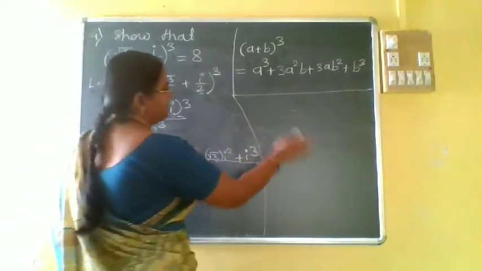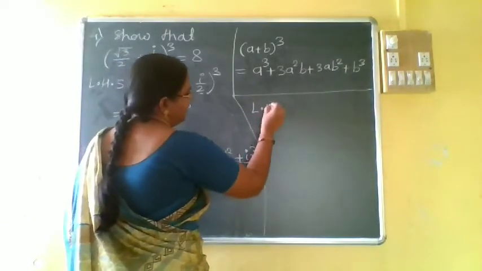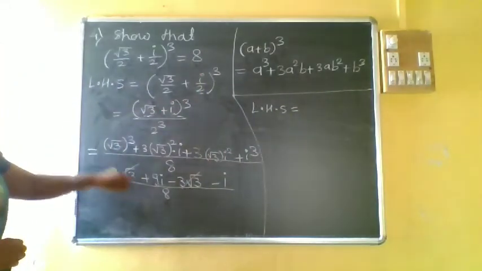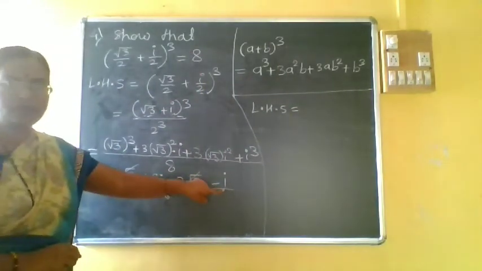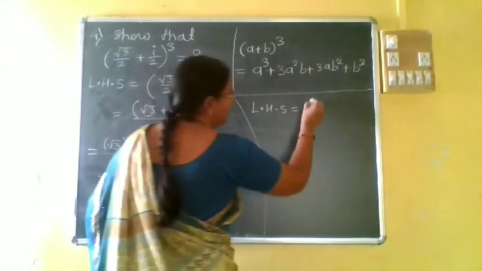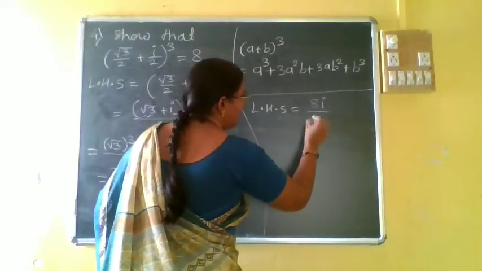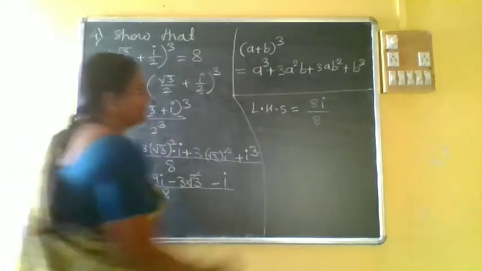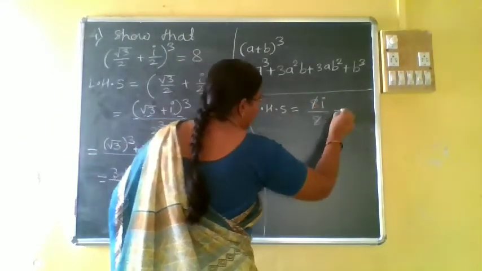So the LHS is equal to 9i minus 1i, which becomes 8i divided by 8, that is equal to i.